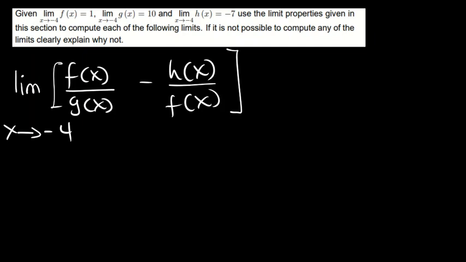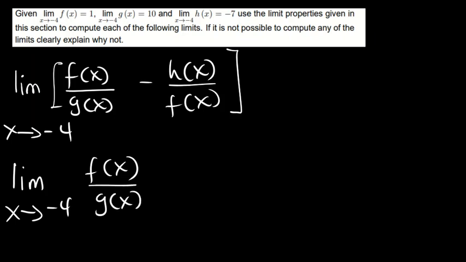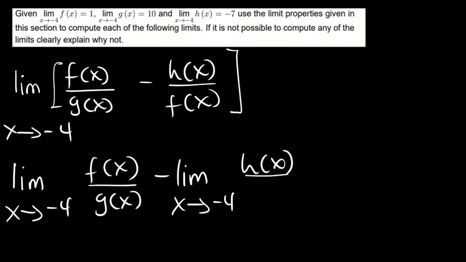From the limit properties, I'm going to write this as the limit as x approaches minus 4 for f of x over g of x, minus the limit as x approaches minus 4 for h of x divided by f of x. Okay, this is what we have.